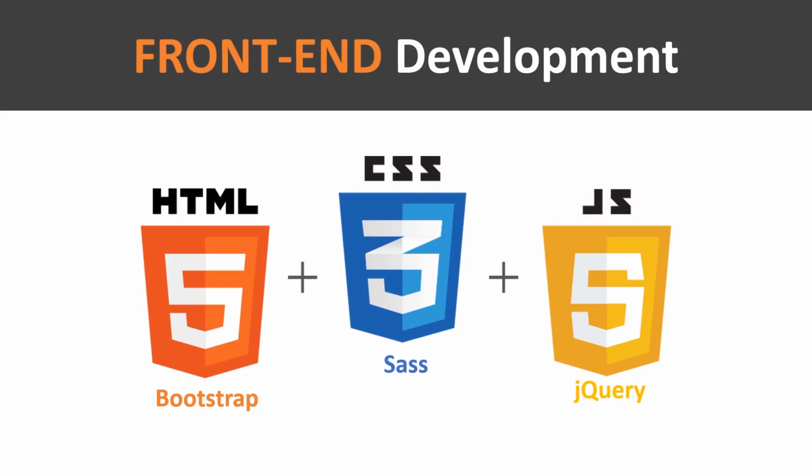So HTML, CSS, and JavaScript are the easiest languages that you need to start with first, and there are a few frameworks. For HTML there is Bootstrap, and for CSS there is Sass, which is more powerful for beautifying your CSS code. At last, for JavaScript there is jQuery, which is very useful and more powerful than many other things.